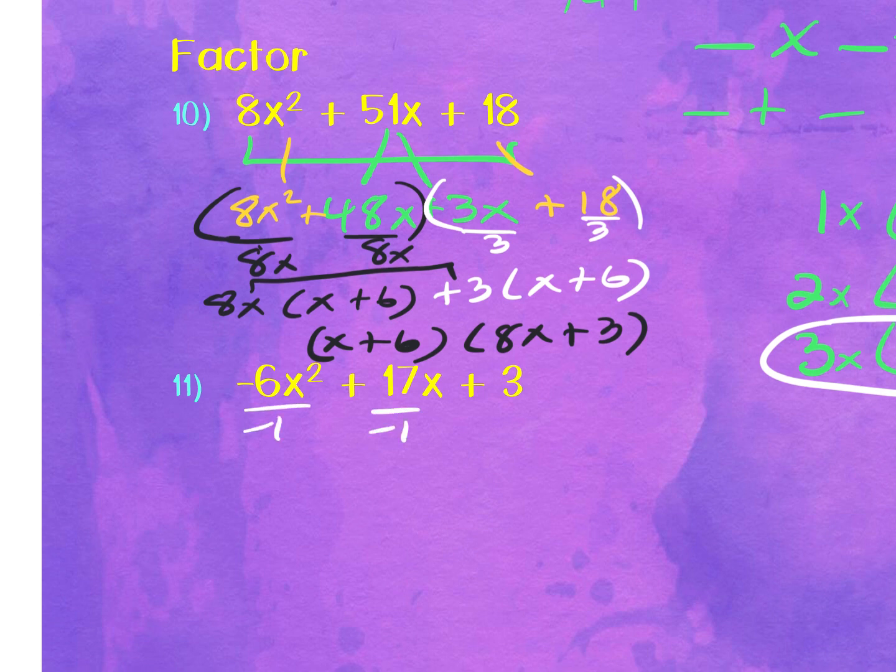We're going to factor out a GCF of -1 to begin with. So essentially flip all the signs to opposite. And now you're going to factor the trinomial that remains. Now, in factored form, you still need to include that -1 in your answer. WebAssign will probably let you just put a negative sign in front.